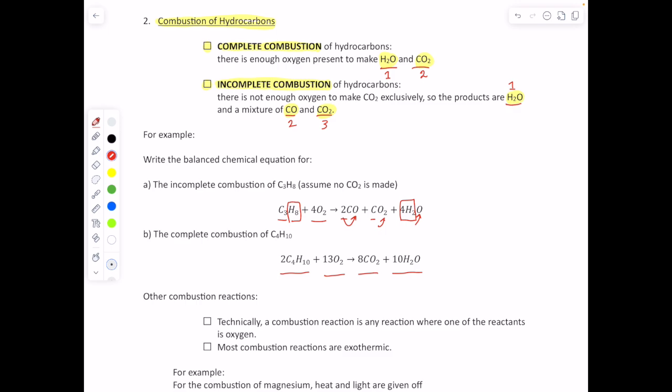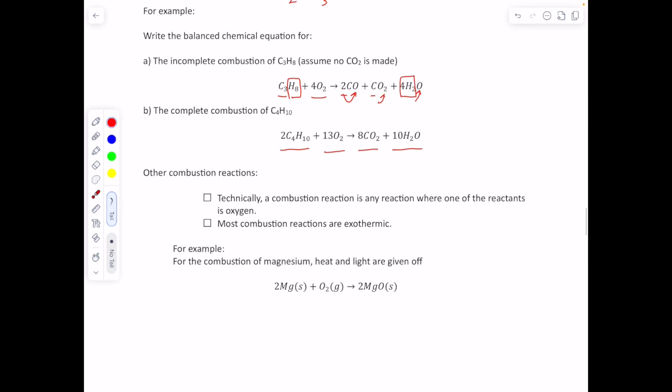So we have 8 carbon on this side, 8 carbon on that side, 20 hydrogen on this side and 20 hydrogen on that side, 26 oxygen, and 16 plus 10 is 26 oxygen on the other side.